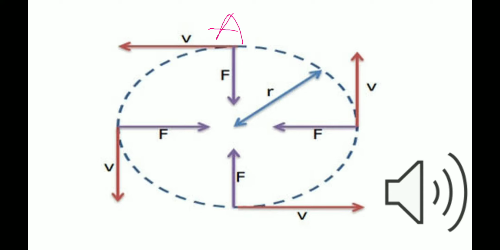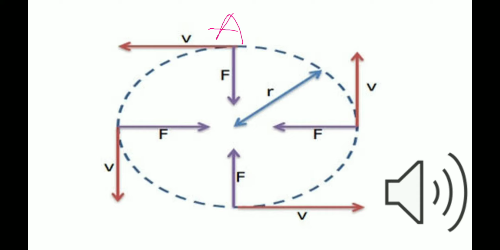Now in this figure, we can see that the body is moving in a circular path in anti-clockwise motion. Obviously the velocity will change at every point on the circumference of the circle. So the direction of the velocity will be given by the tangent drawn at that point.